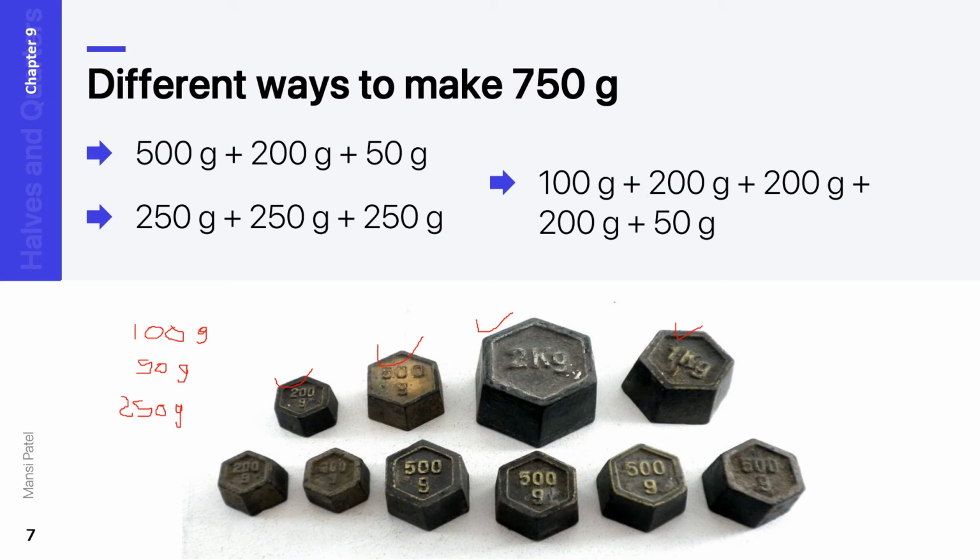This is possible when you have many stones of the same quantity. If you don't have many stones of one quantity, then to make the 750 gram you have to use the first way only, that is 1 stone of 500 gram plus 200 gram and then plus 50 gram.